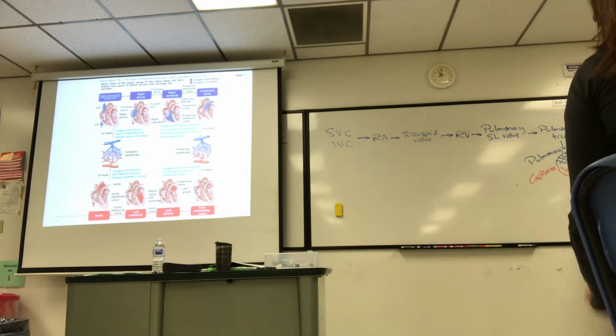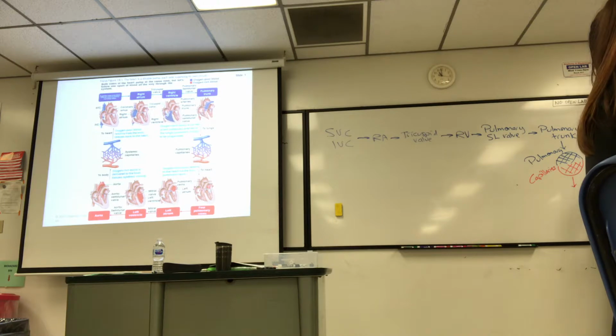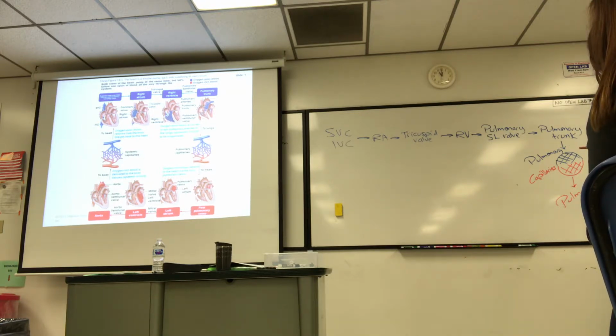And by the time you get back to the heart, you have to return via 4 pulmonary veins. Notice I've changed from blue to red. We've now picked up oxygen, and we're at the bottom of the figure. I'm just following the figure in case you're wondering.